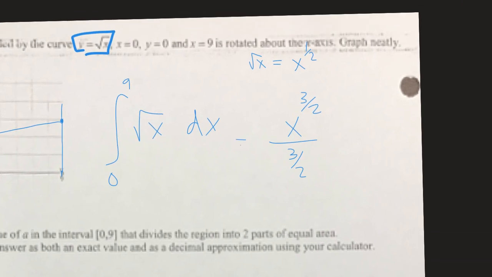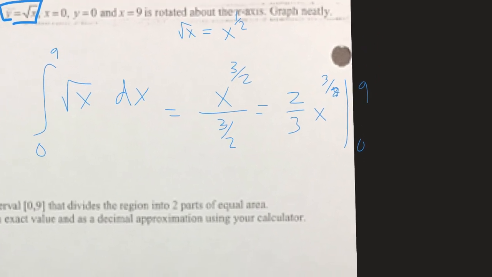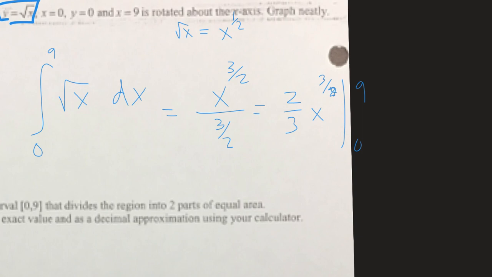So the antiderivative of root x is 2/3 of x to the 3/2. Now we're going to plug in 9. Let's see what we get when we plug in 9.